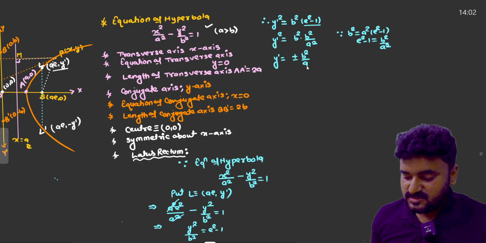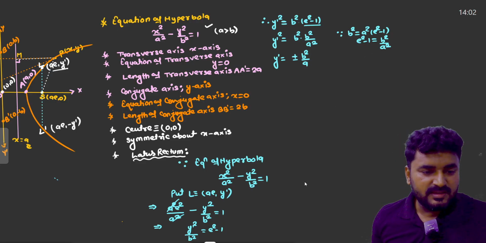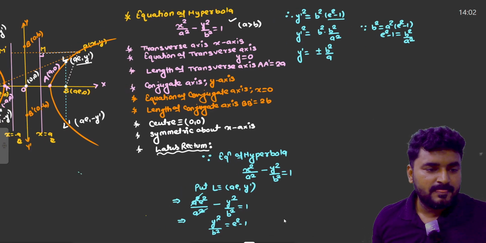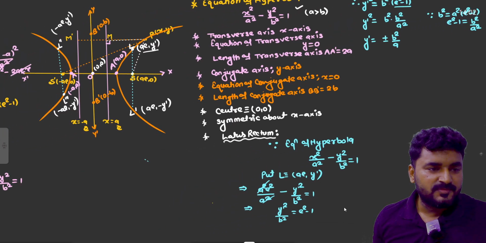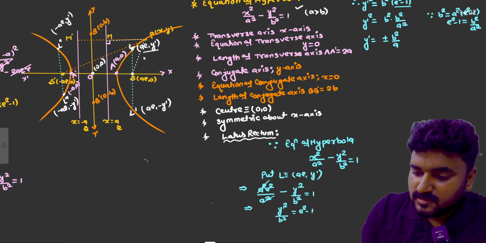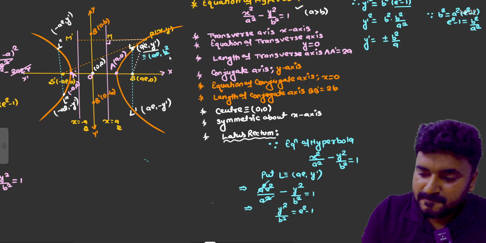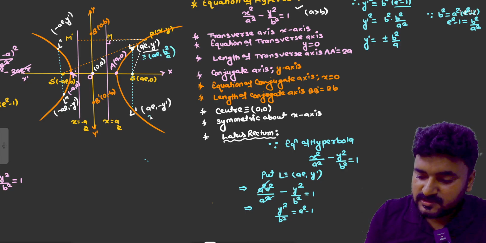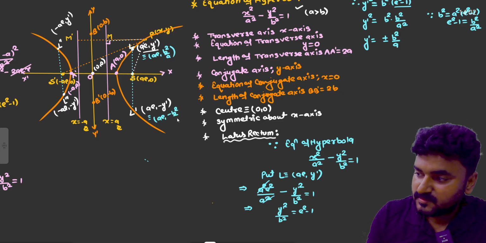So I can see, student, that my L coordinate I have now got. Look carefully. This L coordinate is ae comma b square by a, and L dash is ae comma minus b square by a.